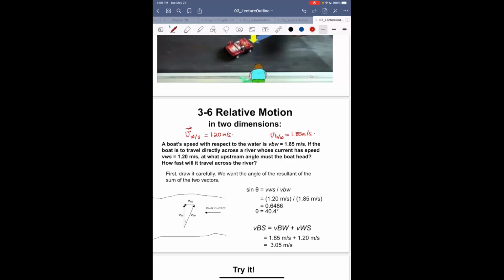At what upstream angle must the boat head? How fast will it be traveling across the river?